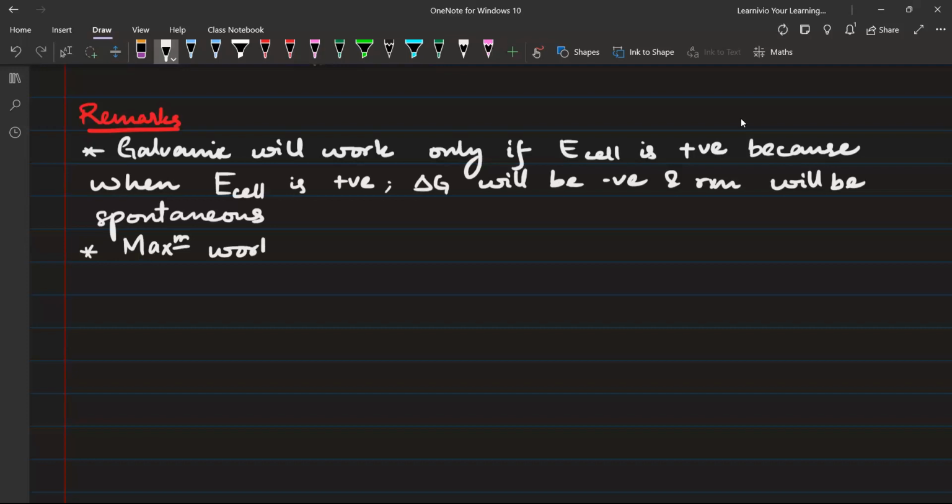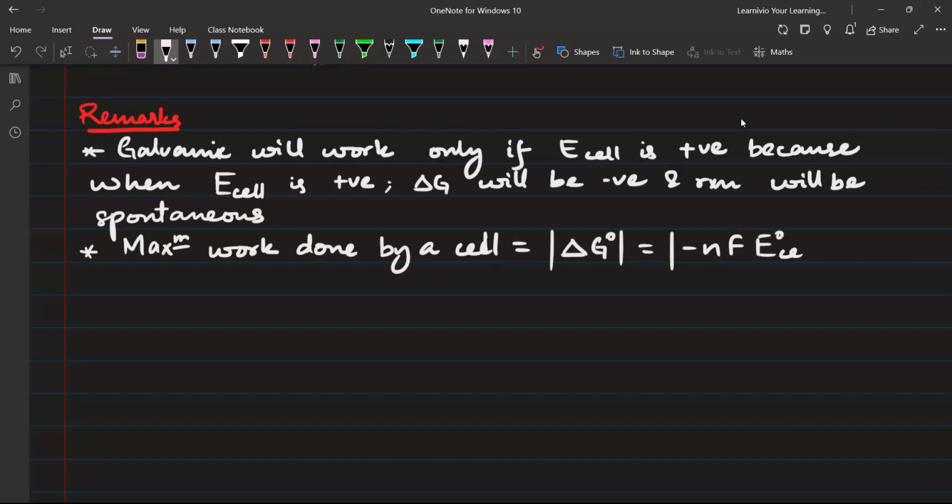maximum work done by a cell is equal to the magnitude of delta G, or the magnitude of minus NF E naught cell. Okay, please copy this down.